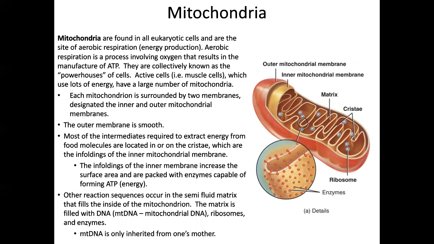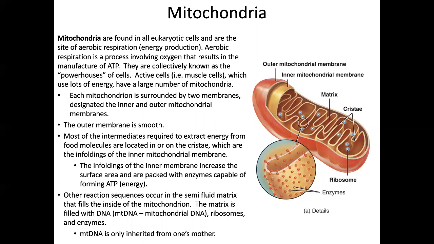Okay, and I believe this is our last organelle, and that is our mitochondria, which we talked about earlier today as we finished up our last lecture. We learned in that lecture that this is where we undergo aerobic respiration, which once again, aerobic means that it requires oxygen.